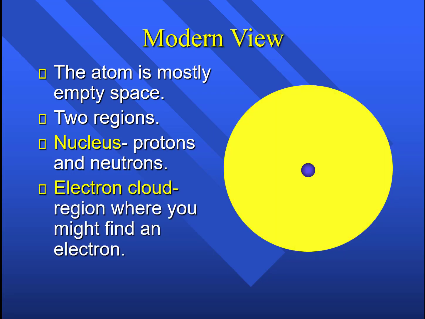That's where the protons and neutrons are. And the area outside of that is known as the electron cloud. The electron cloud is a place where you have a chance of finding an electron.